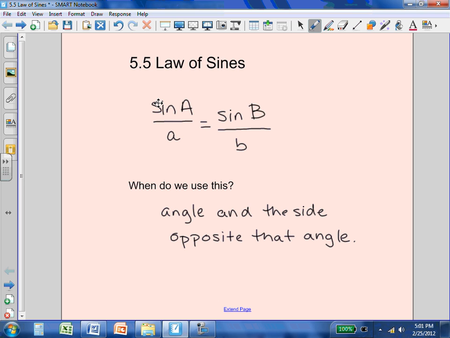So, for instance, if I knew angle A and side length a, and either another angle or another side, then I'm good to go. I just need three of the four pieces to be able to solve it. So generally speaking, look to see if you have an angle and the side across from it, and then you're going to be using the law of sines.